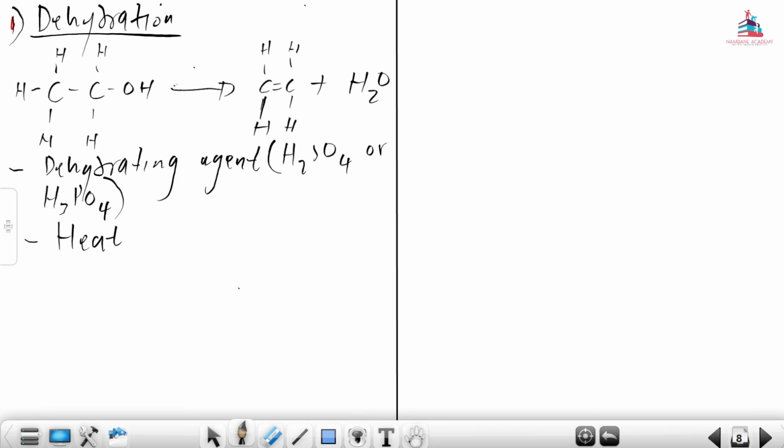So this is dehydration, removal of water.